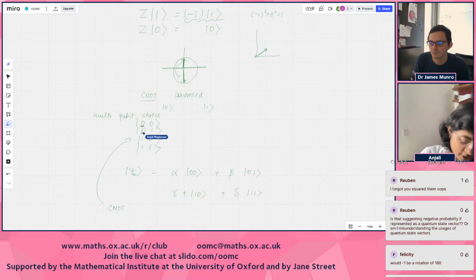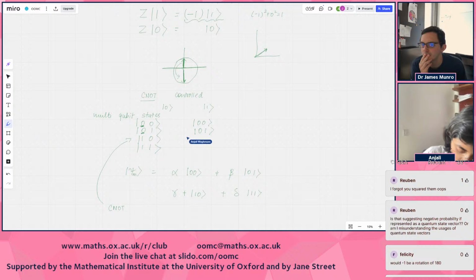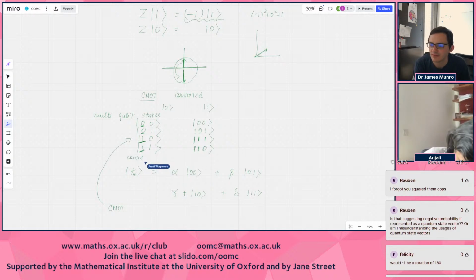If your first qubit is 0, it doesn't do anything to the second qubit, so you just get 0,0 and 0,1 as an output. But if you have 1 as your first qubit, it flips the second qubit, so you would get 1,1 and 1,0 in this case. The first bit is called the control, and the second one is called the target.